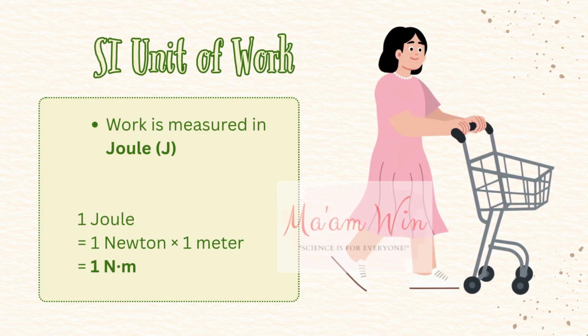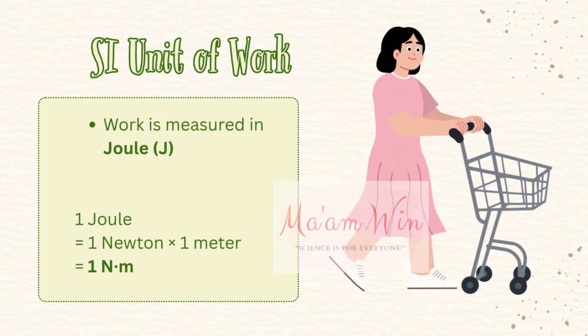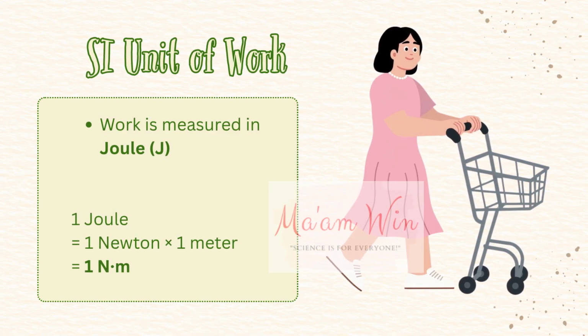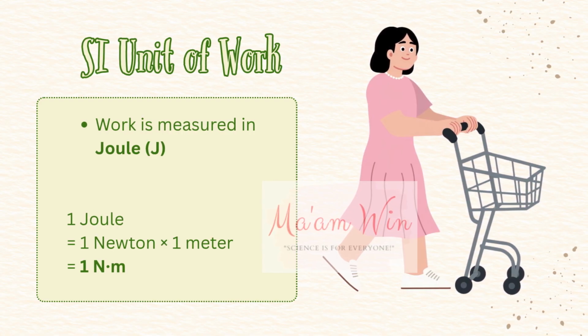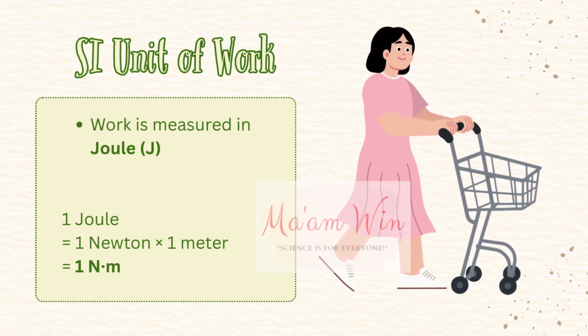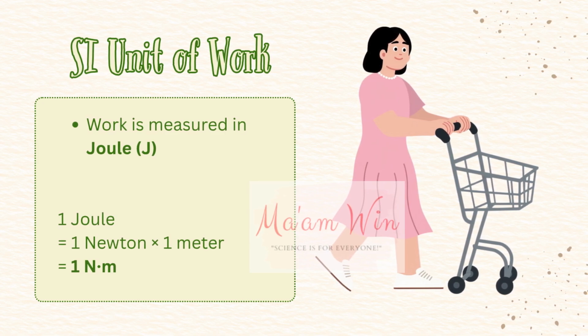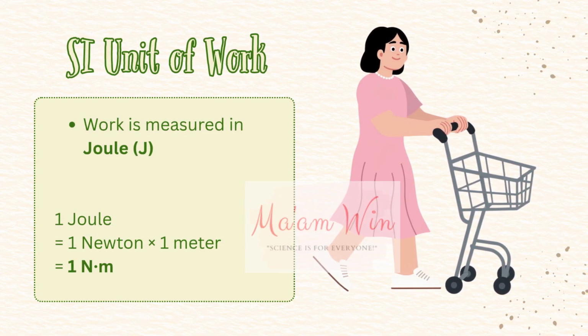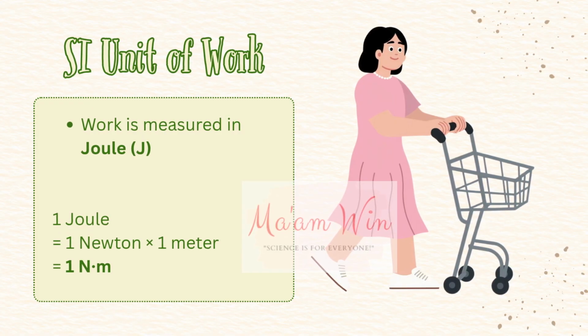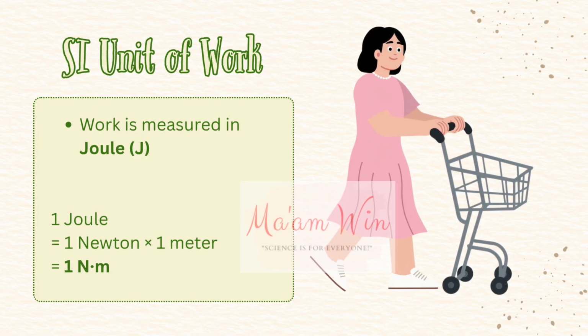Mathematically, 1 J = 1 N·m. Although the joule has the same unit as the newton meter, remember that in this context it specifically refers to energy or work, not torque.